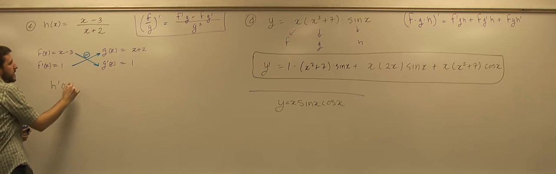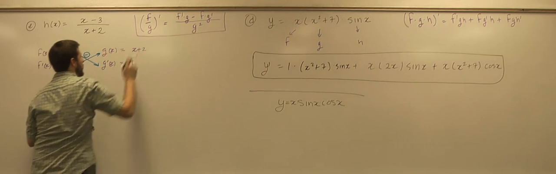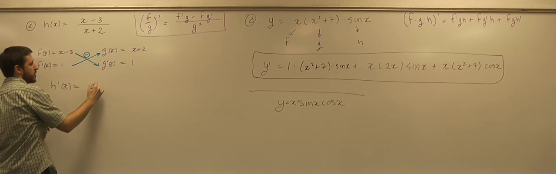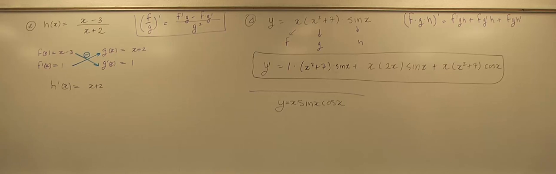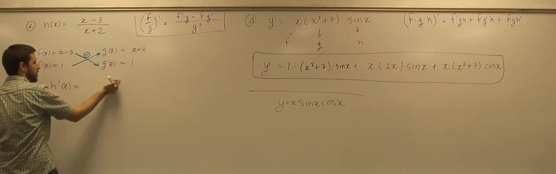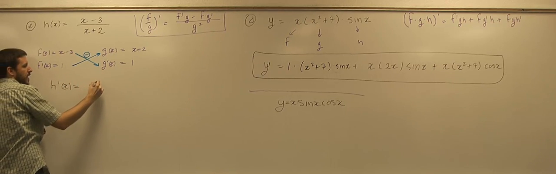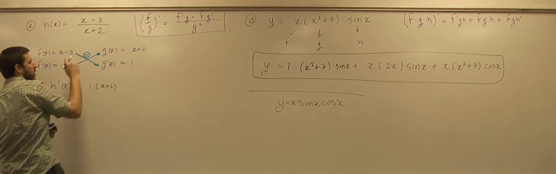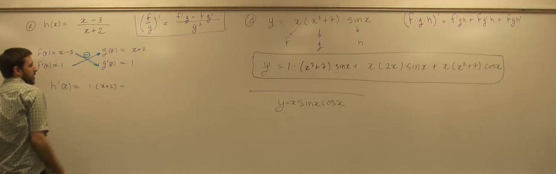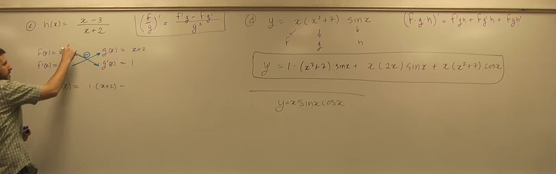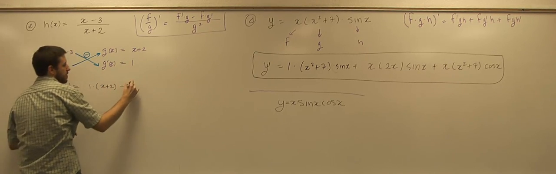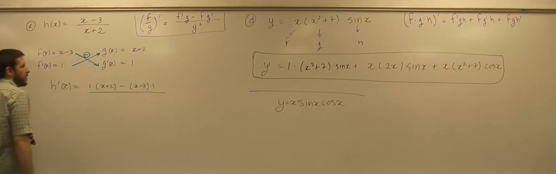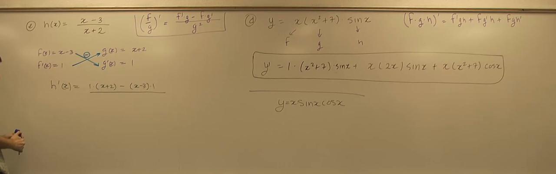h prime of x is going to equal f prime times g, which is x plus 2. Let me write the 1 in there so you see what I'm doing. F prime times g, minus, because of the formula, g prime times f, so x minus 3 times 1, all over the bottom squared.